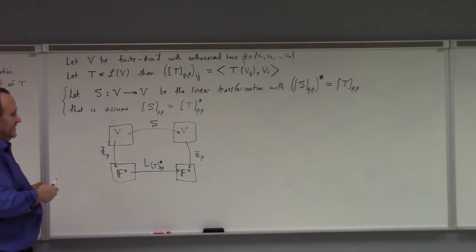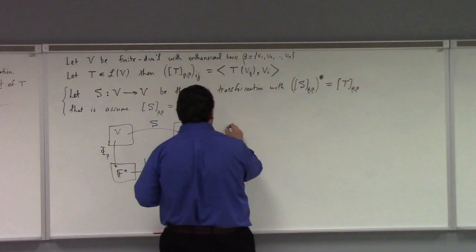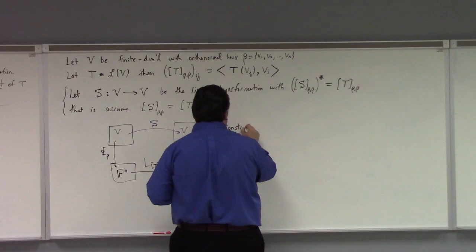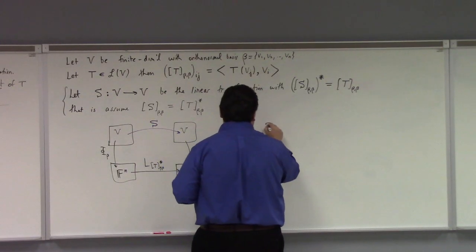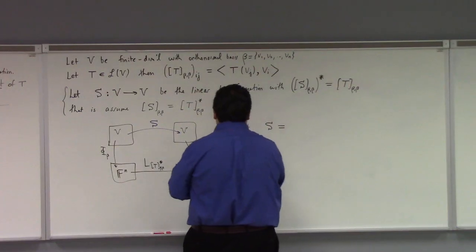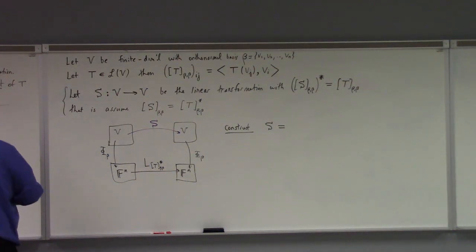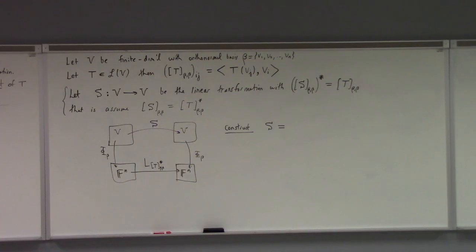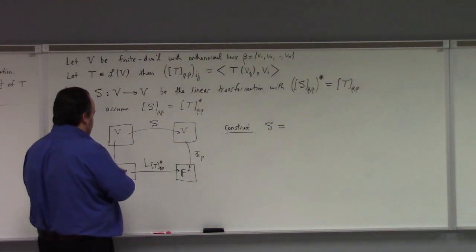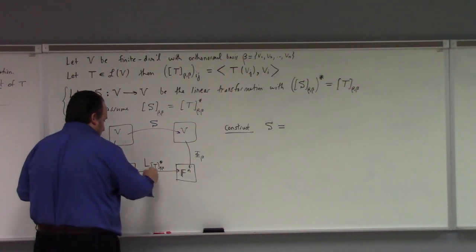And so I'm suggesting that we can construct S equals to what? You might wonder, I write this sentence, construct the linear transformation such that blah. How do you do that? That is the question I'm asking and answering at the moment. Here's how you do it.